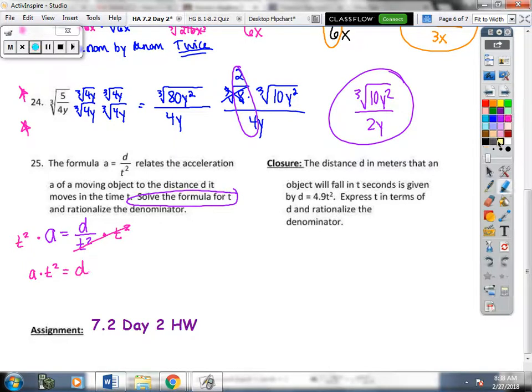Again, our goal is to get the t by itself. So what do you think I would do next? Good. Divide by a. Make sure your d's and your a's don't get confused. And then all we'll have to do is square root.